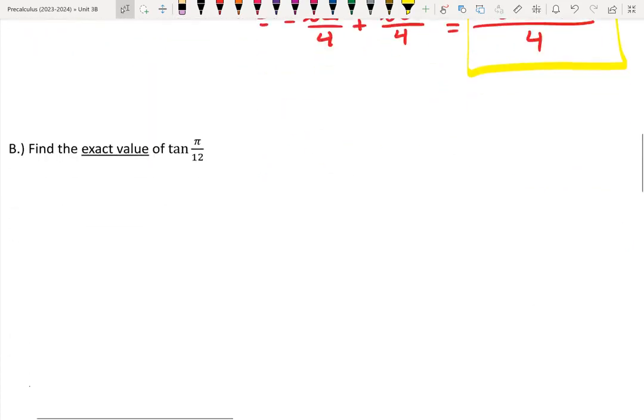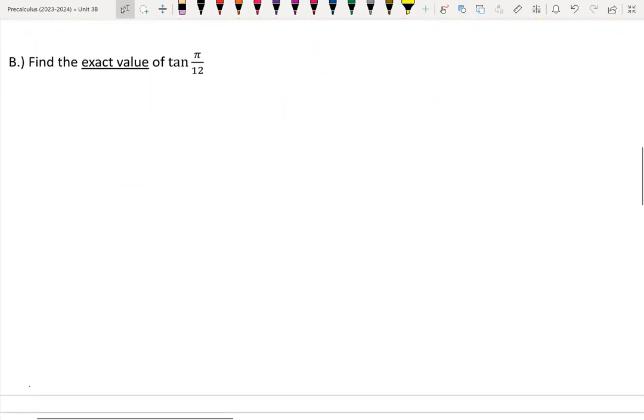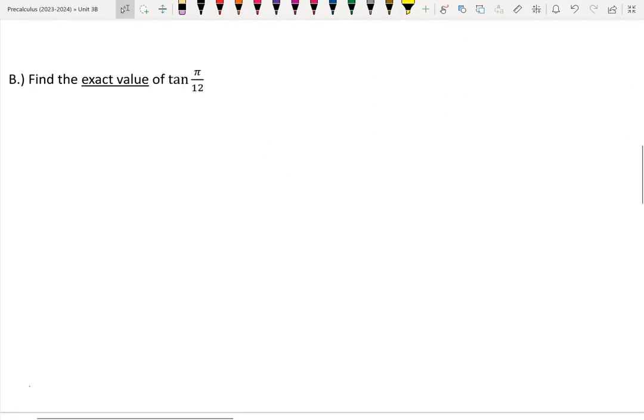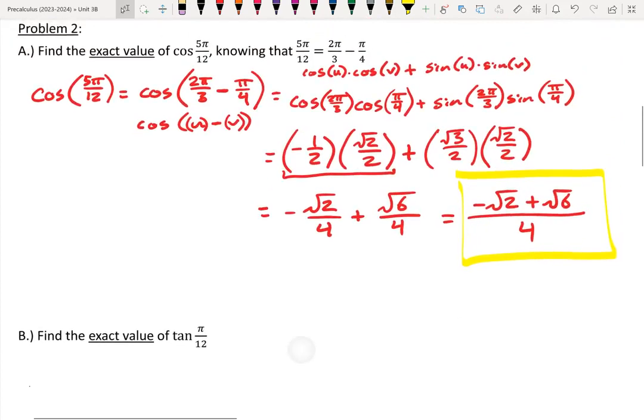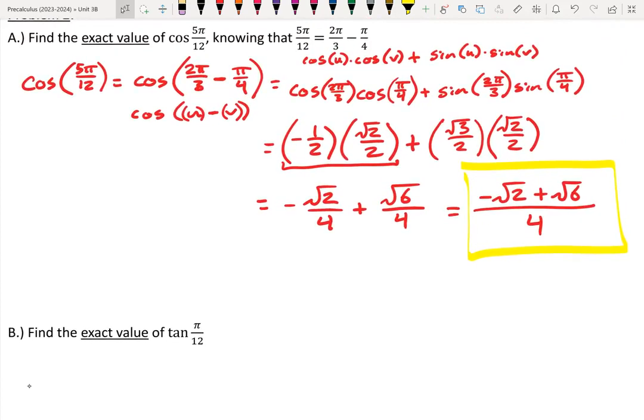Yes? All right, so let's go ahead and look at B here. We want to find the exact value of tangent of pi over 12. What's the difference between this problem and the last one? They don't give us that sum or difference, right? So we're just given pi over 12.